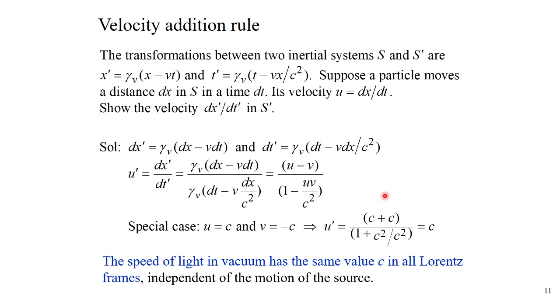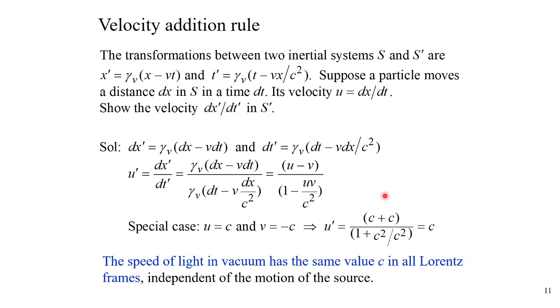Therefore, the velocity measured in another primed inertial frame, the Lorentz frame, will be different than this one.